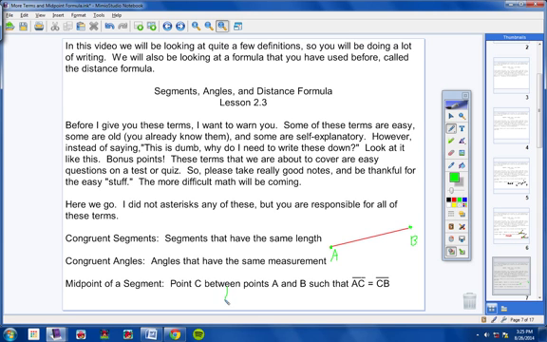Now, yes, we talked in the past that between in geometry also means the 3 points are all, excuse me, I apologize, collinear. That's what it means.